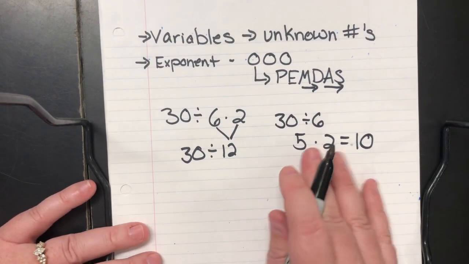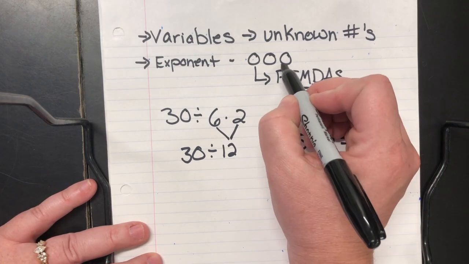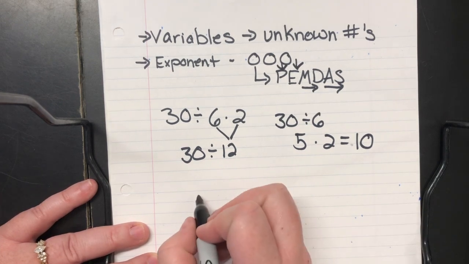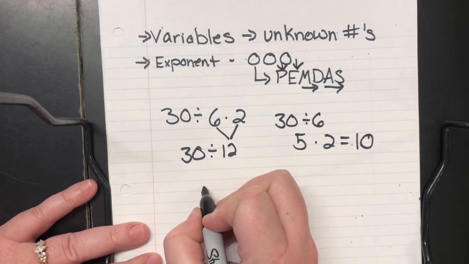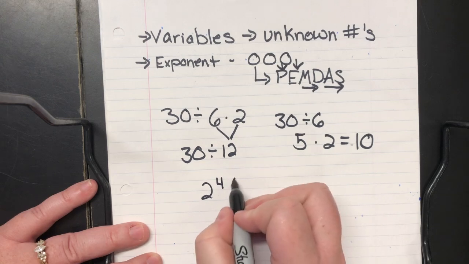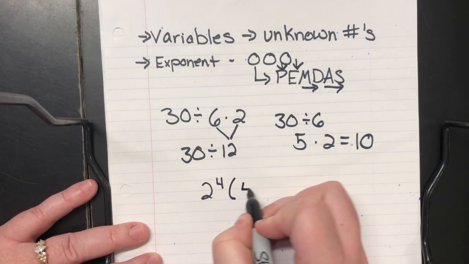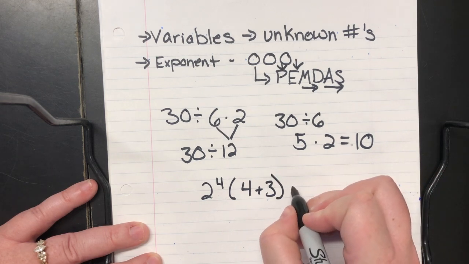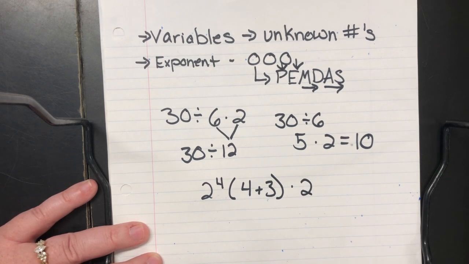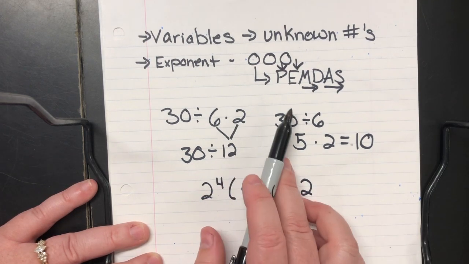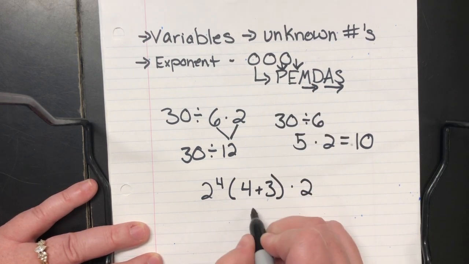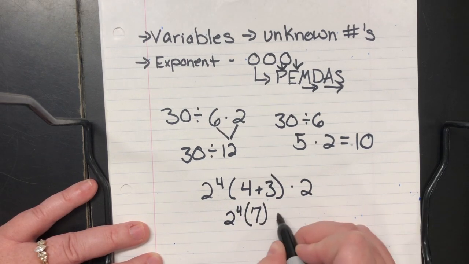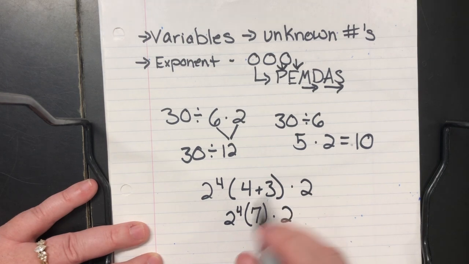Now, that is not the case, though, when working with parentheses and exponents. If I give you this situation, 2 to the 4th times (4 plus 3) times 2. If we're looking at order of operations, we have to do the 7 first. Then we have to do our exponent.